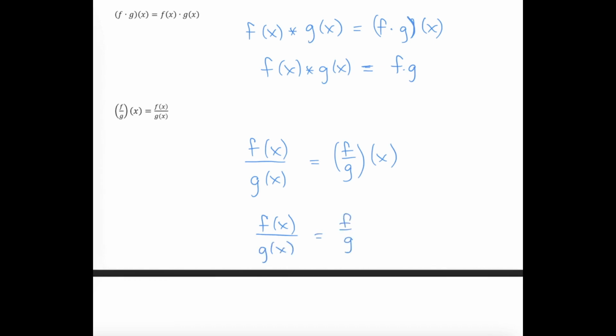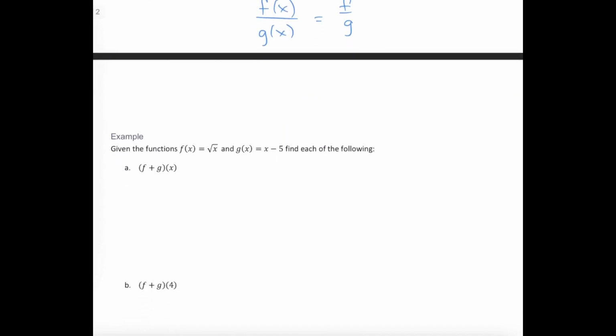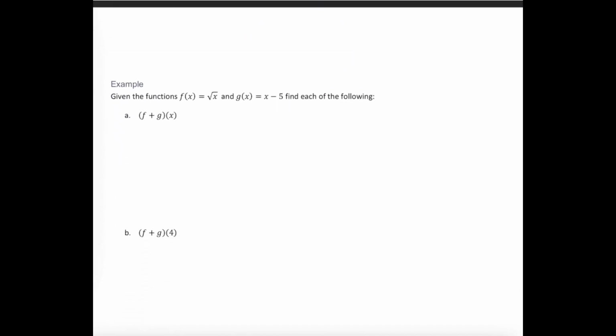So let's take a look at a quick example to see how these shorthands can work in our favor. We have an f function that is rad x and a g function that is x minus 5, and we want to find the f plus g function. Well, we know that this notation, f plus g of x, is shorthand for the f of x function plus the g of x function.